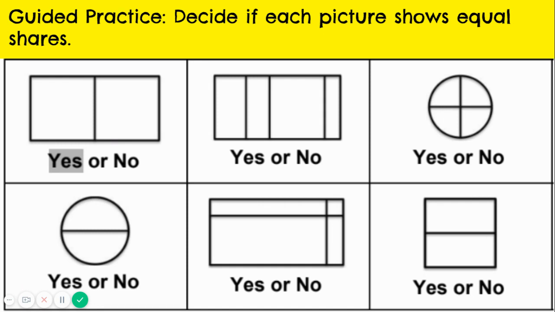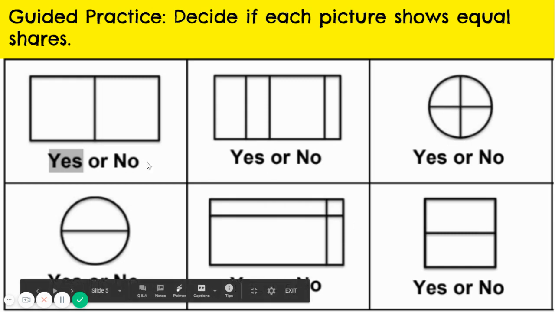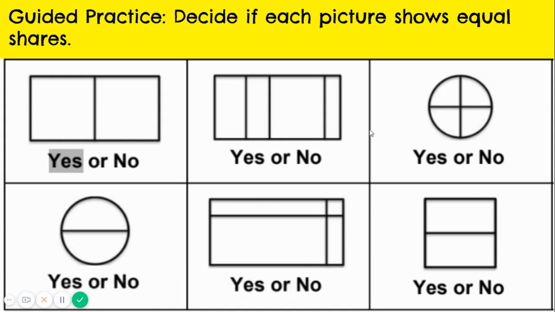All right, decide if each picture shows equal shares. The first one has been done for you. Yes, this one shows equal shares because they are both the same size. Look at this second example. Yes or no? Equal shares? No. The circle, equal shares? Yes, because all four parts are the same size.